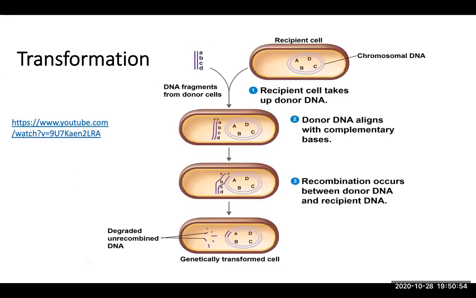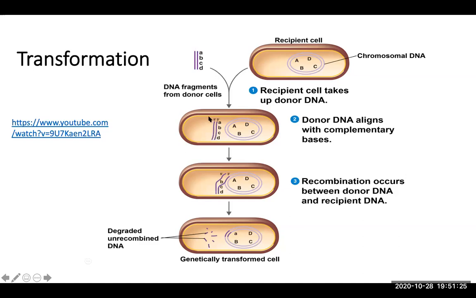Okay, so what that looks like in a simplified version, so you have this fragment of DNA and it's going to bind, and it's not shown here, but we saw the details on the previous slide, but here it just says it takes up the donor DNA, which is just out in the environment. Okay, and it takes it in, and you know that it would actually be single-stranded.